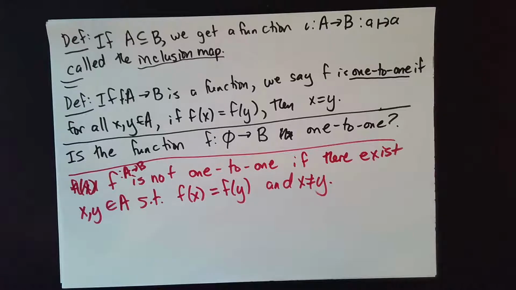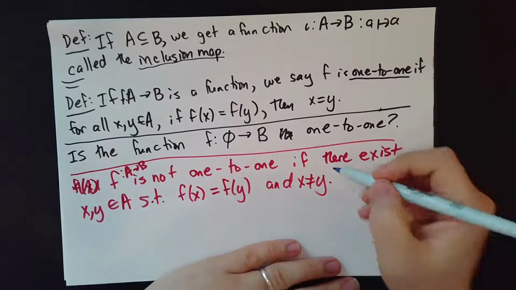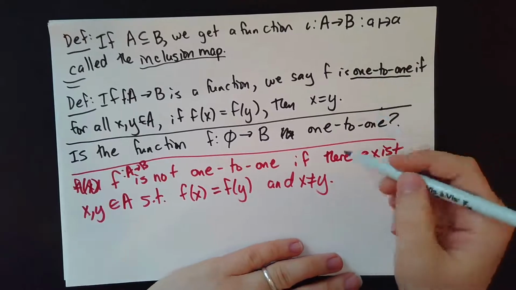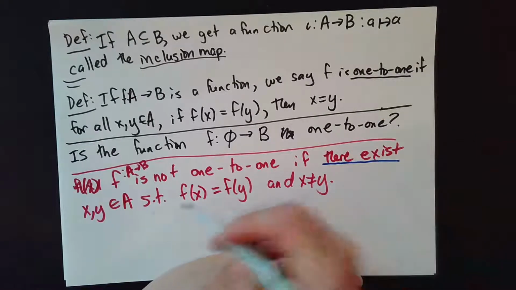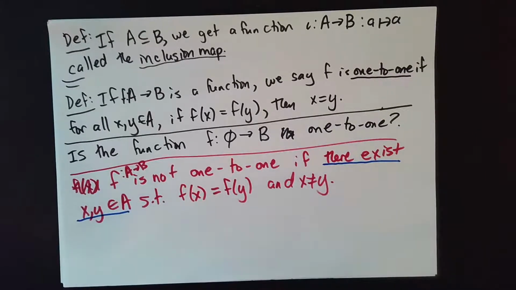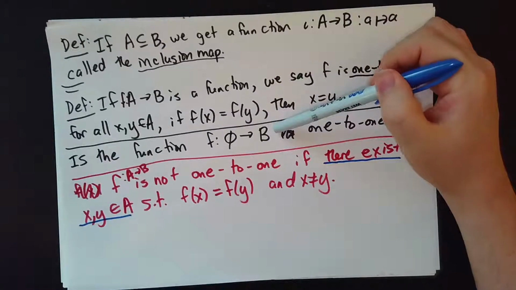Now, I claim, actually, you don't have to read that far into this statement to decide that the answer is yes, the function f from the empty set to the set B is 1 to 1. Namely, as soon as you get to this blue underlined part, then you know this function has to be 1 to 1.